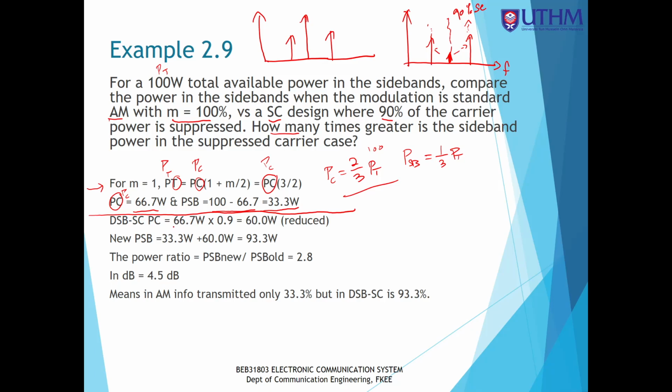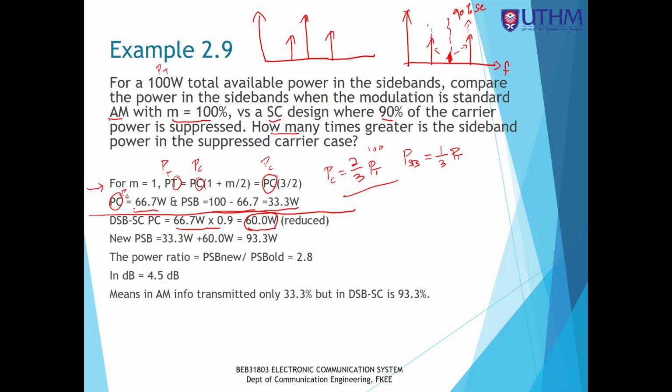So 90% of the carrier power is actually equal to 60 watt. So 60 watt is reduced, but the term reduced here theoretically means that we distribute to the sideband. That means the sideband power becomes increased in the suppressed carrier.